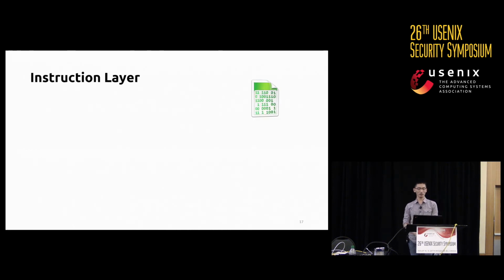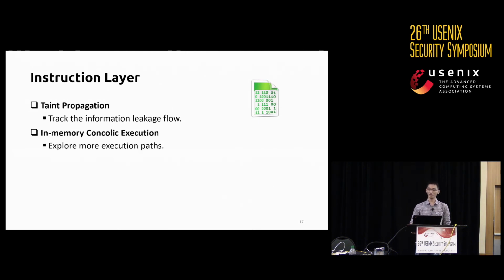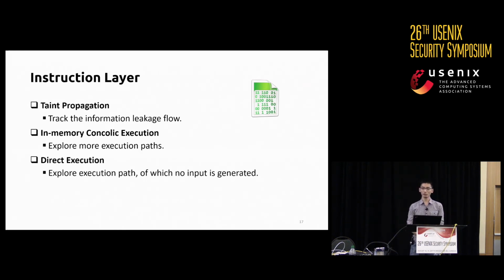In the instruction layer, Malton conducts 3 major tasks. First, it conducts taint propagation to track the cross-layer information leakage flow. Second, it conducts in-memory concurrent execution to explore execution paths. During concurrent execution, sometimes the constraints are too complex to be resolved for generating new input.